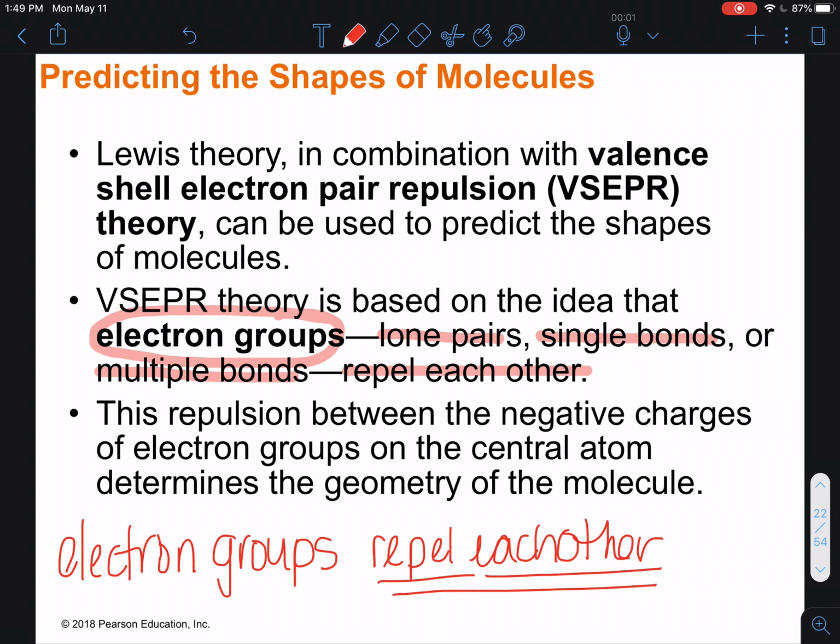Because electrons are negatively charged, and negatively charged things repel each other, the same thing happens for electron groups.